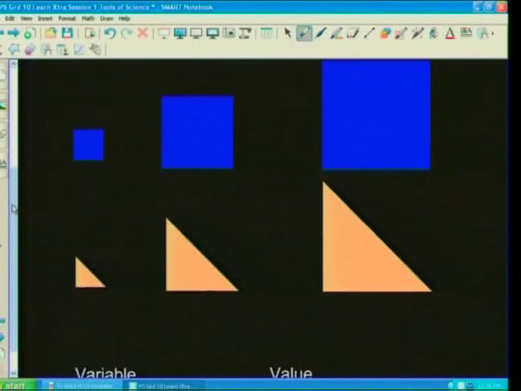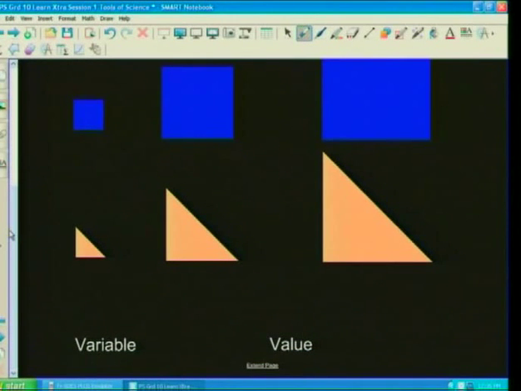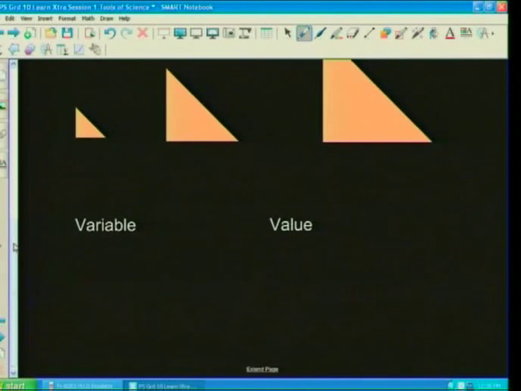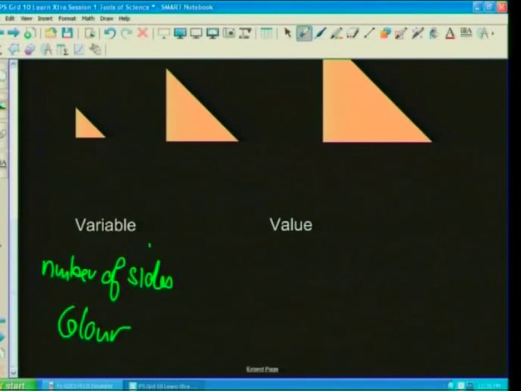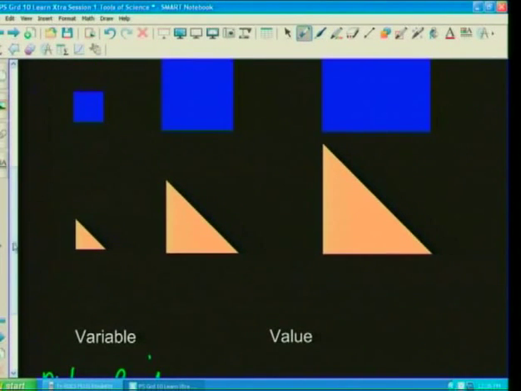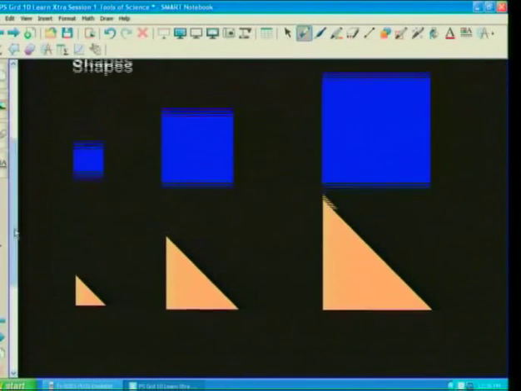So the 2 variables that I want to mention here are the number of sides and color.